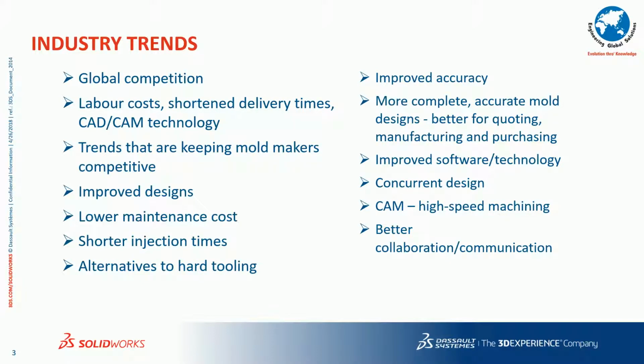The industry trend today is global competition. You know there are a lot of competitive industries developing day to day, so you need to be unique in the market to be first in the global competition. You want to reduce labor cost and shorten delivery time when making your design. If you spend a lot of time on a single design, that is not productive. Obviously you need to reduce the maintenance cost and the injection time to improve the number of products you make every day.